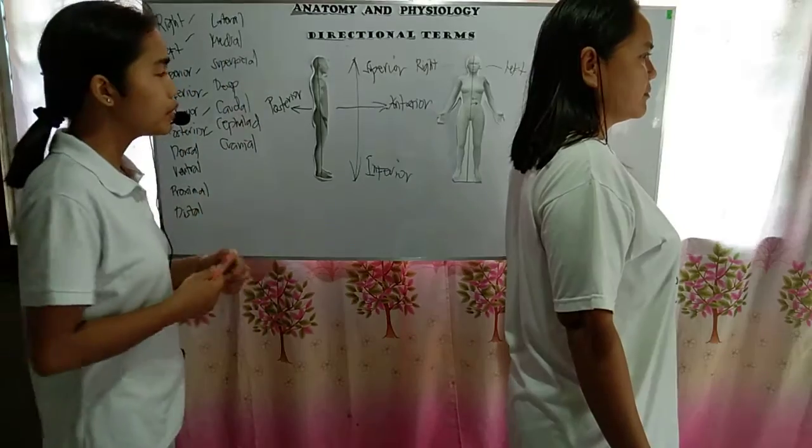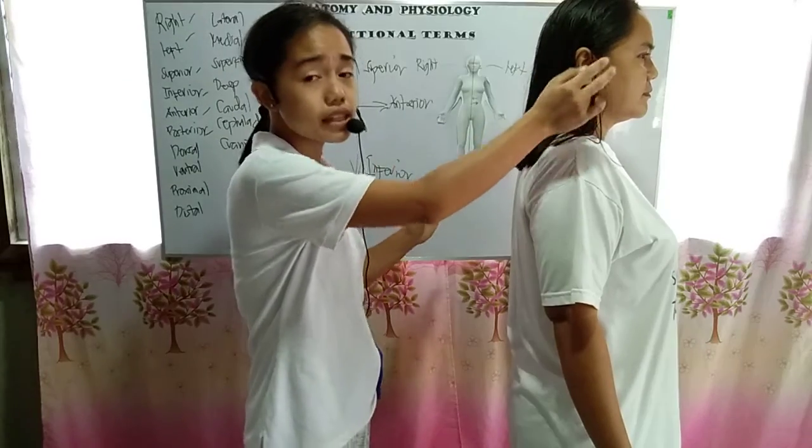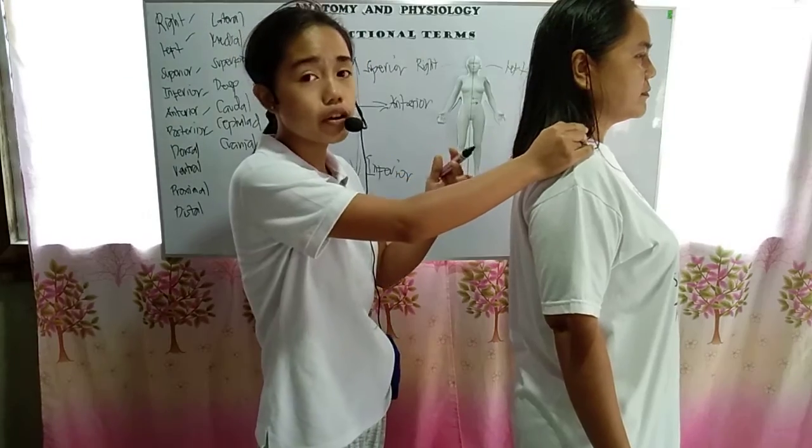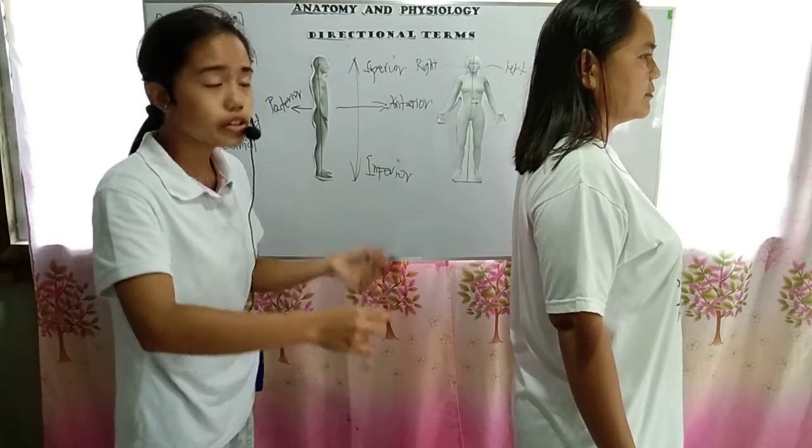So for example, your lips are anterior to your teeth. It means that your lips are in front of the teeth. And another example of posterior is your heart is posterior to your rib cage. It means that your heart is at the back of the rib cage.